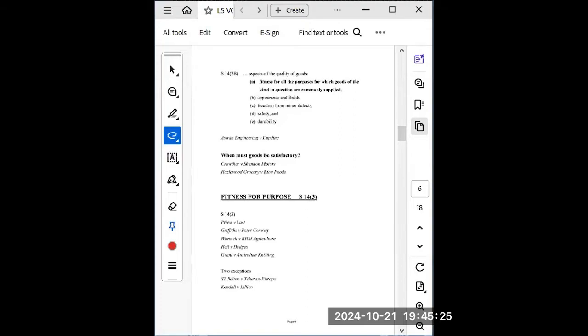Query: if the seller knows that some people contract dermatitis, must the seller warn all buyers? Well, the court said there's a very fine line between what is normal and what is abnormal.